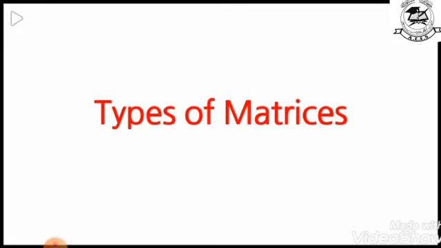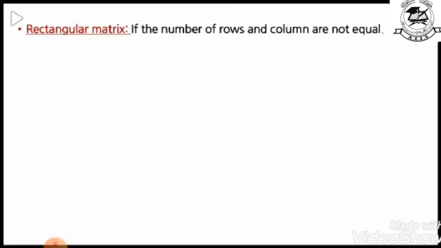Now, here we will discuss types of matrices. We have different types of matrices. Number 1 is rectangular matrix. If the number of rows and columns are not equal, it is called rectangular matrix.